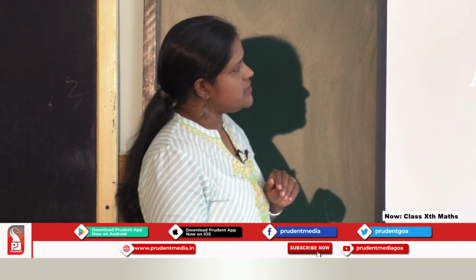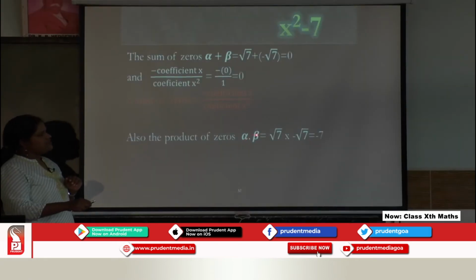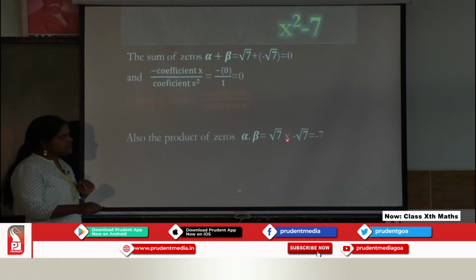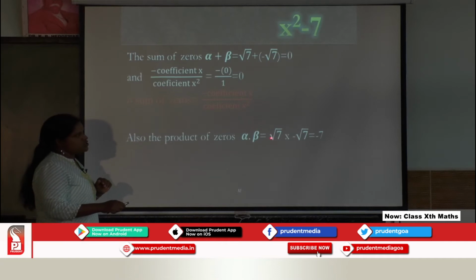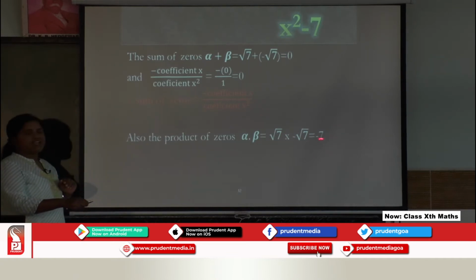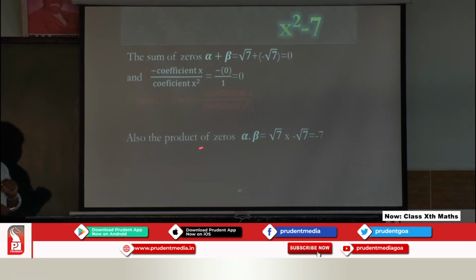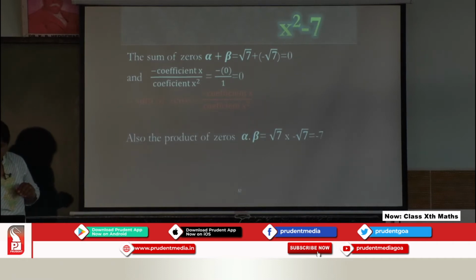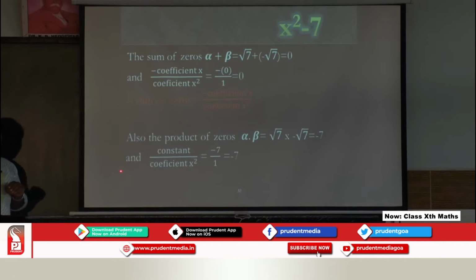So, the product of the zeros is alpha into beta. So, root 7 into negative root 7. Positive into negative will give me a negative sign. Root 7 into root 7 is 7. So, I have here negative 7 as my answer for the product. Let us see using the formula. What is the formula for product?